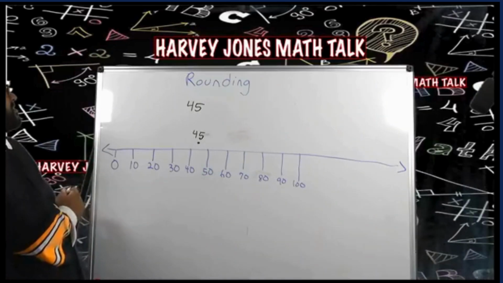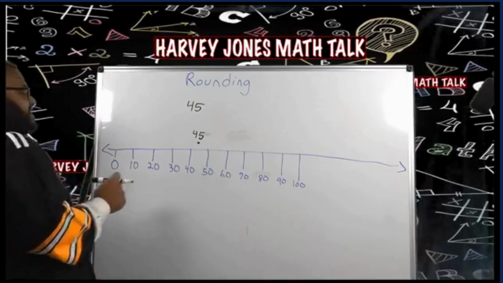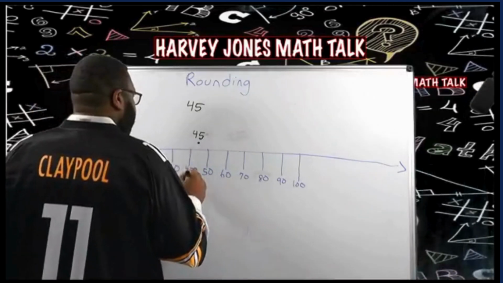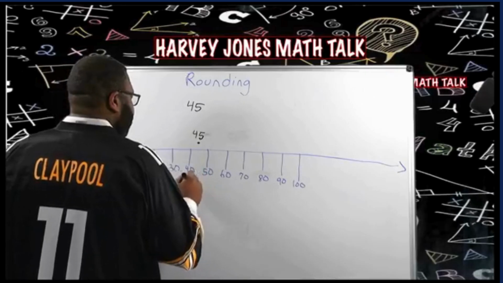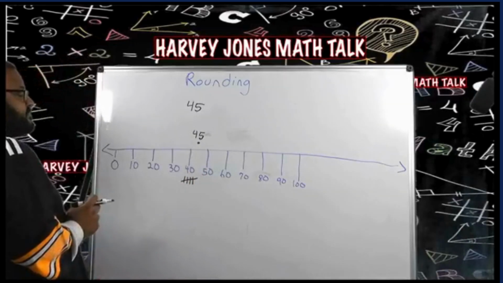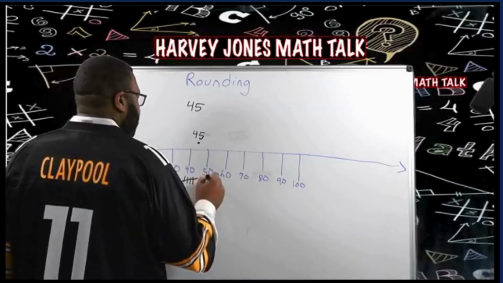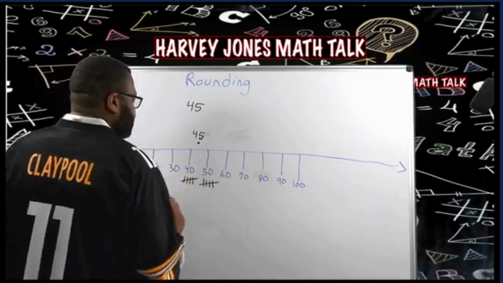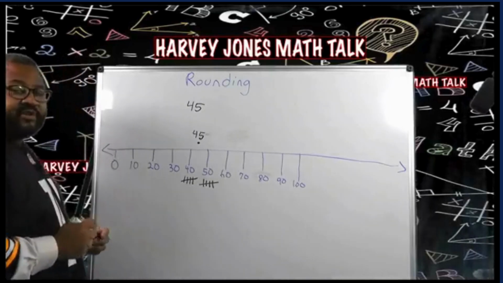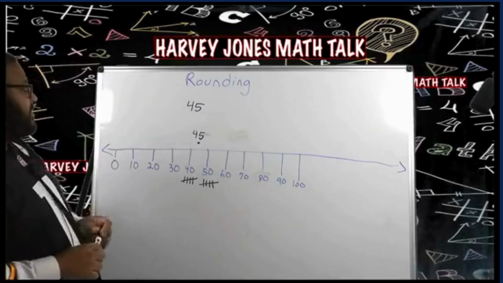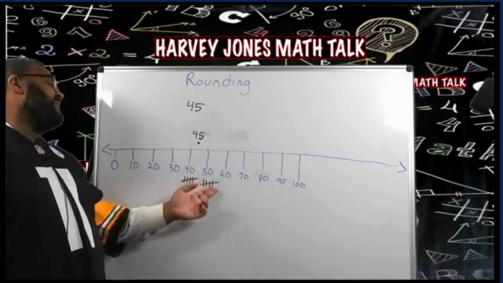So watch the count right here. What comes after 40? 41, 42, 43, 44, 45. What comes after 45? 46, 47, 48, 49, 50. What do you notice? It's balanced out. 5 and 5.